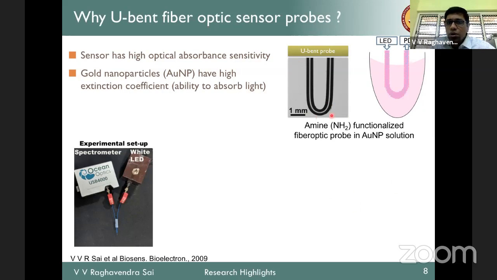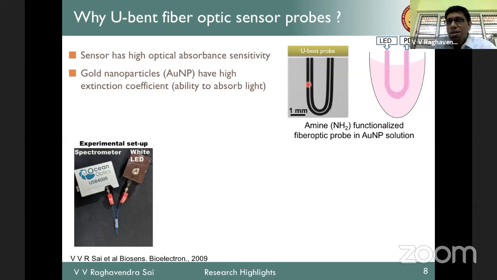This is how a U-bend optical fiber can look like. This is a 200 micron core diameter. Okay, that's called a multi-mode fiber. In fact, these fibers are different from the ones that you typically have in home internet networks. They are single mode fibers, whereas what you see here is a multi-mode fiber.